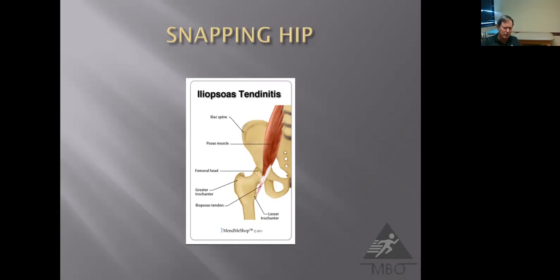And as you rotate your leg, it can snap back and forth. Treatment again for that is generally a combination of anti-inflammatory medication and occasionally an injection. And rarely, if it's symptomatic enough, you would go in there and surgically release the tendon to stop the snapping.